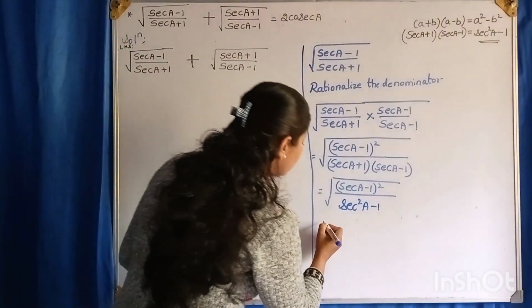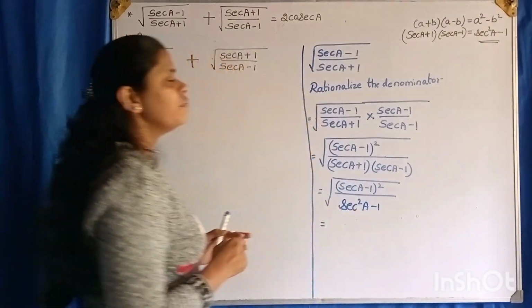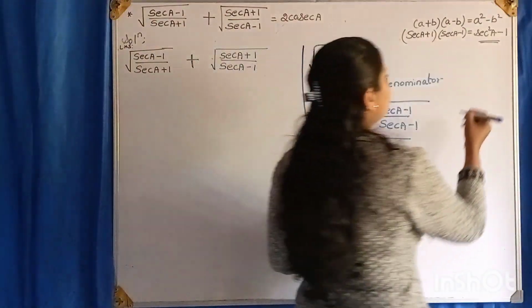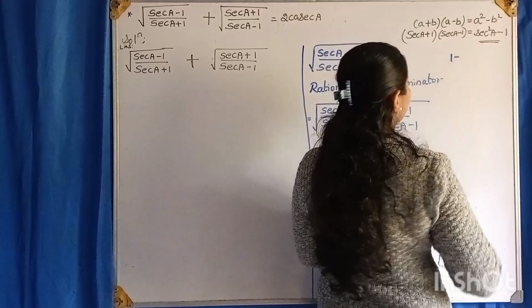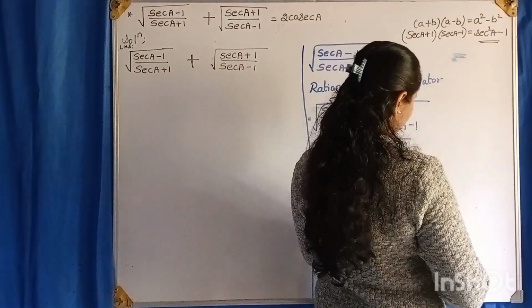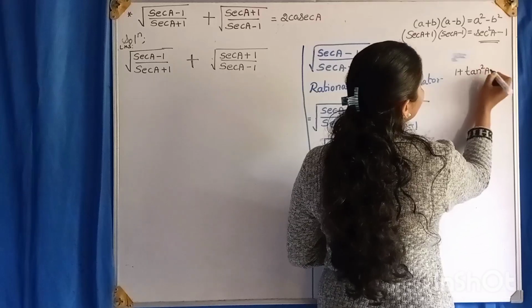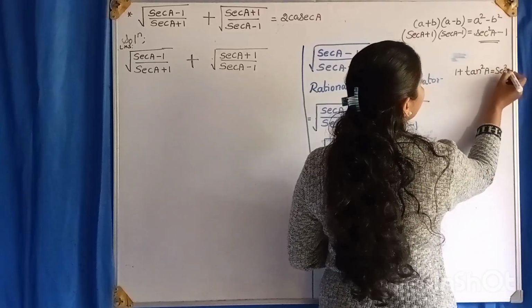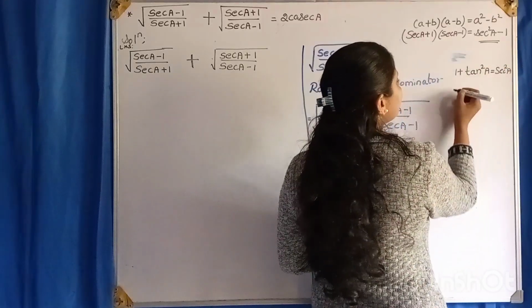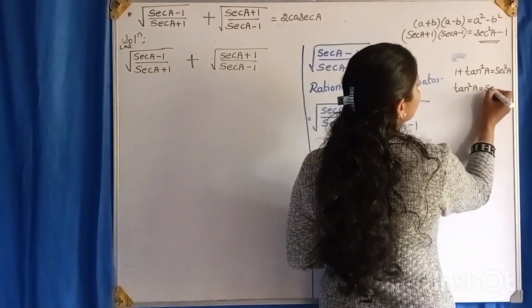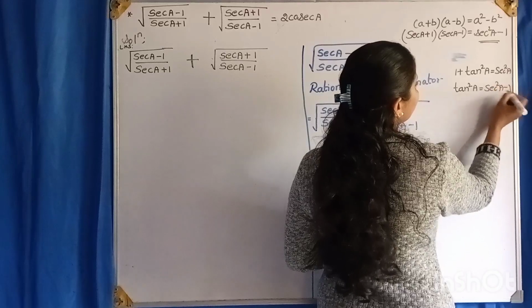And we know the trigonometric formula: 1 plus tan square a is equal to secant square a. Then tan square a is equal to secant square a minus 1.